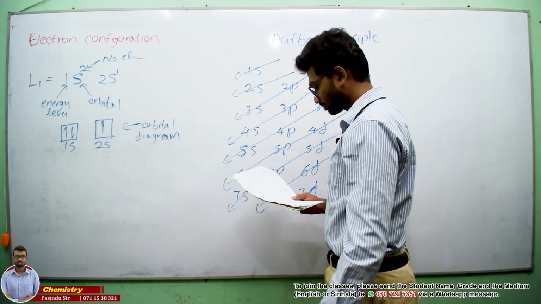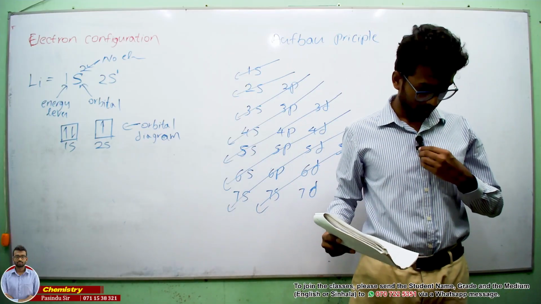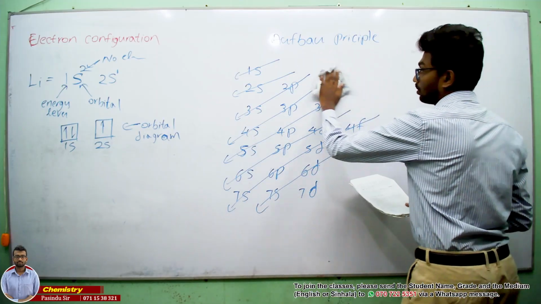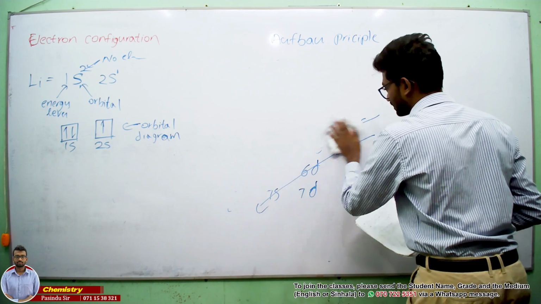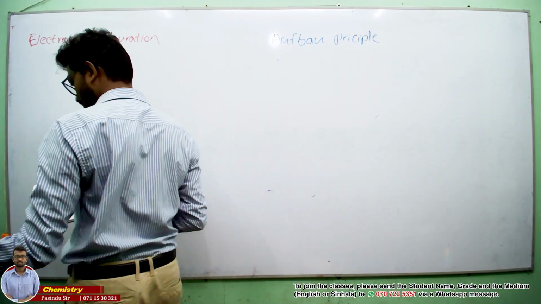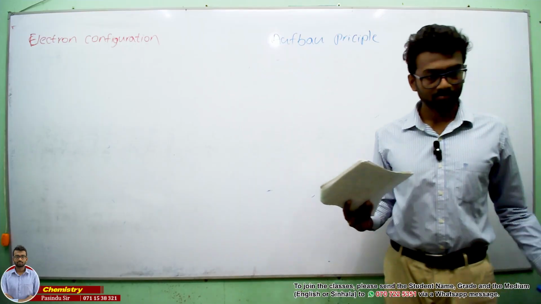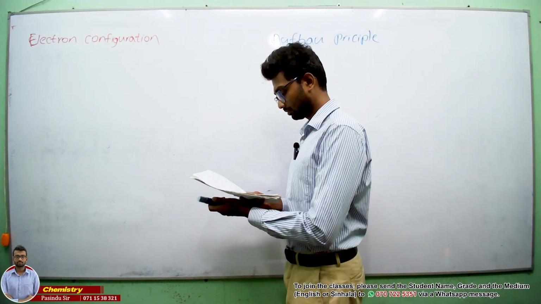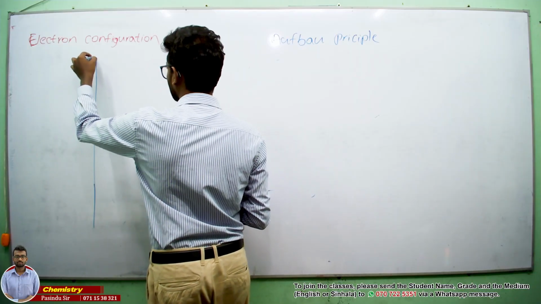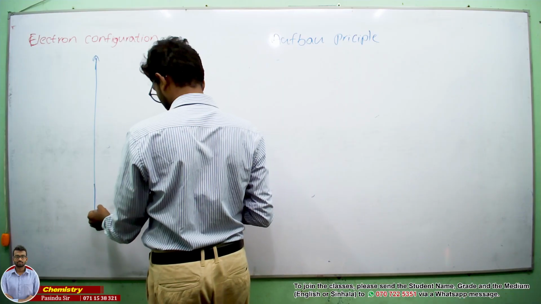Right. Then I will draw the energy diagram, I mean how these orbitals change. The first orbital is 1s, right?